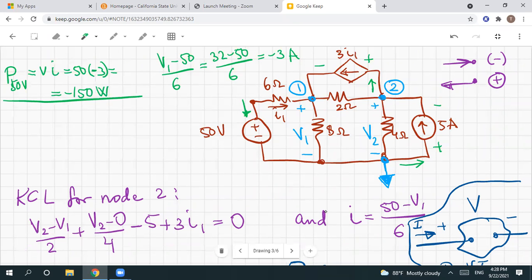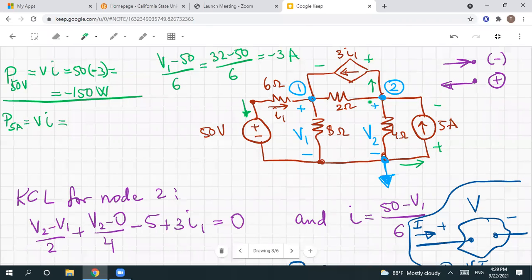Let's go now to the second source, the 5 ampere current source. We need to multiply again V times I. The current is obviously equal to 5 amperes. And the voltage here is the voltage V2, but with opposite polarity.